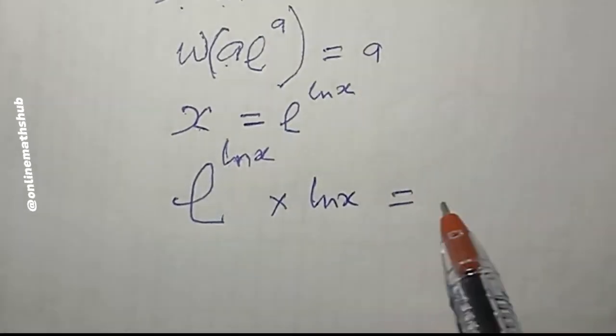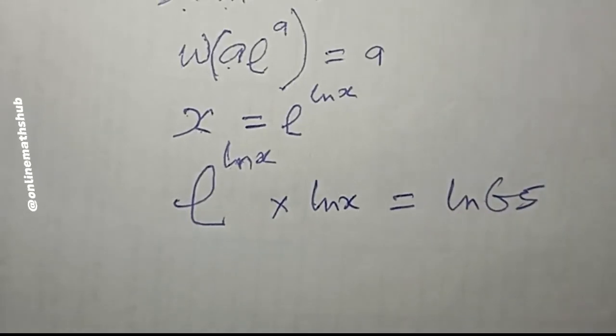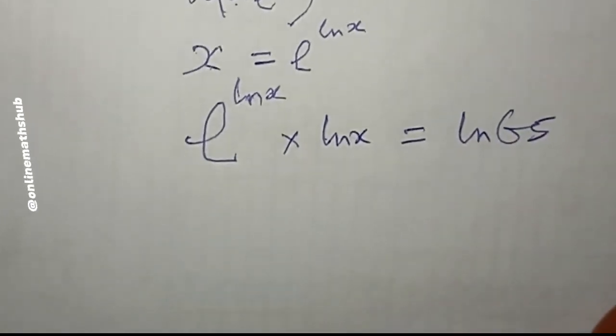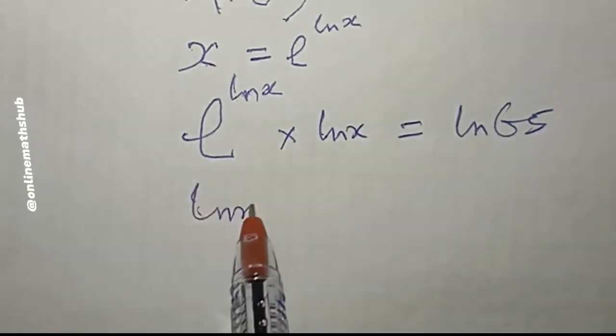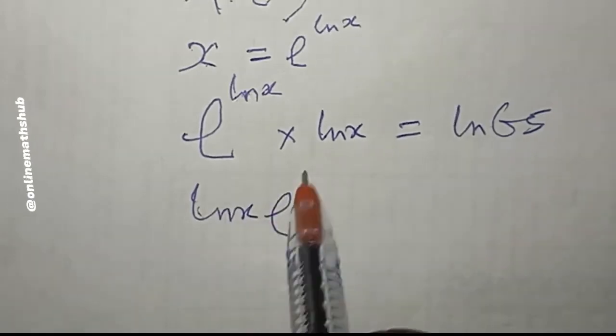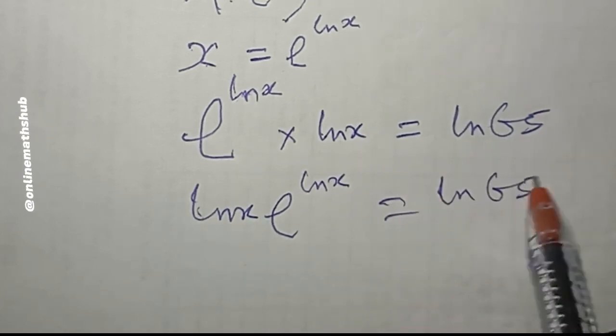Of course the right hand side still remains natural log of 65. Okay, so the next thing I'm going to do is to bring this natural log of x here, so that I have natural log of x exponential natural log of x is equal to the natural log of 65.